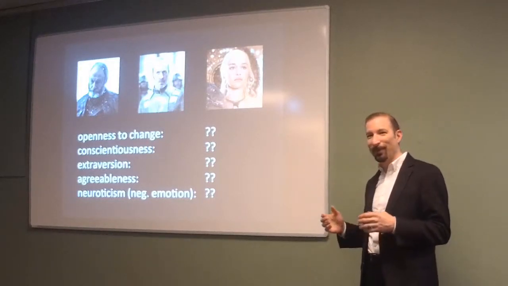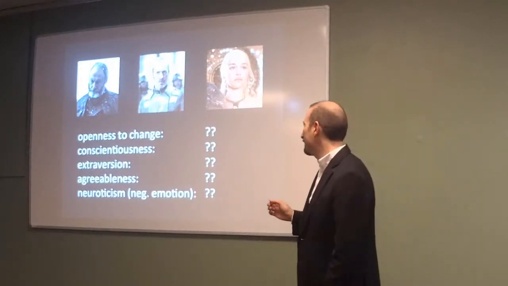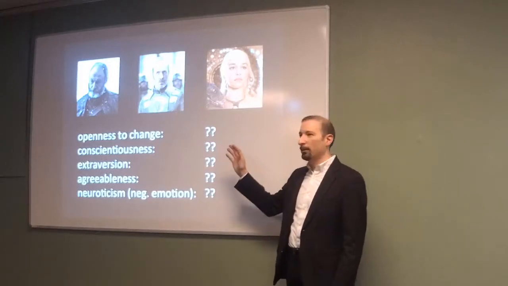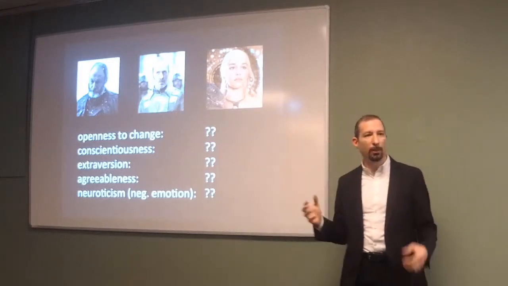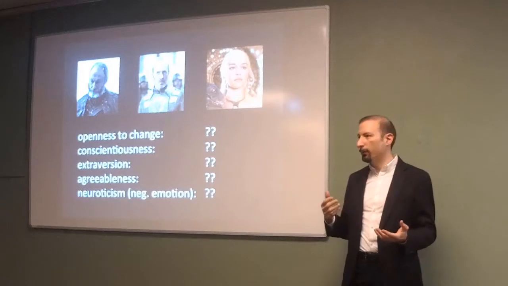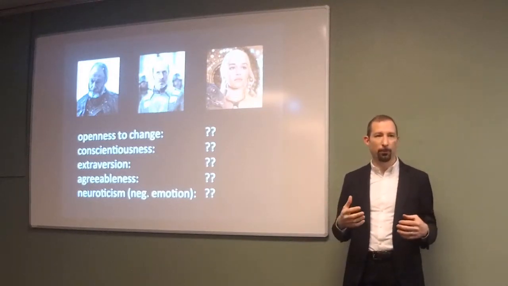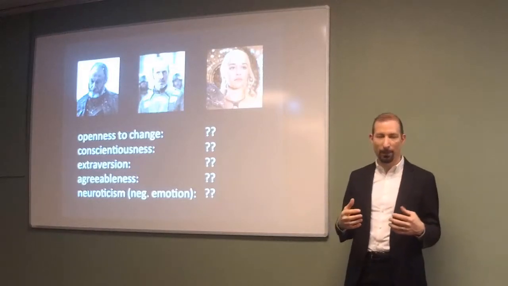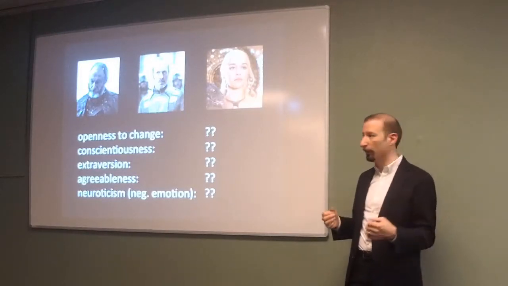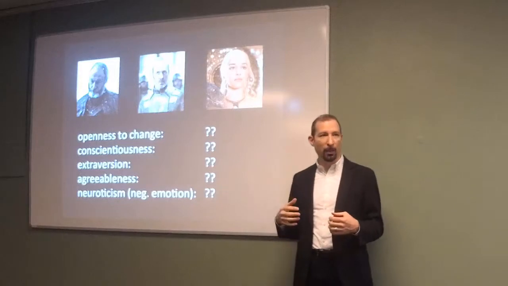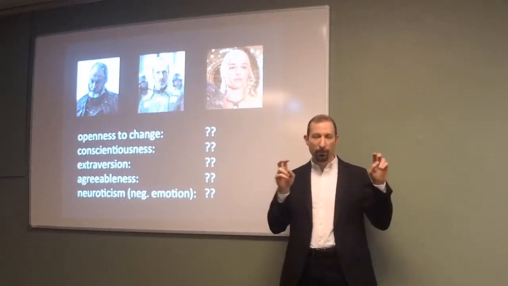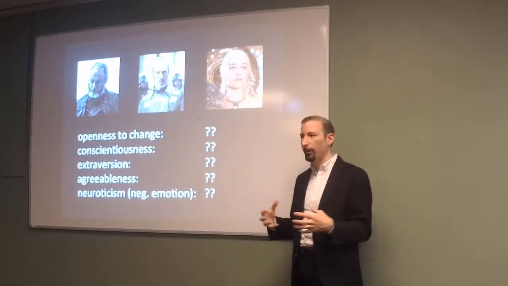Let's think a little bit about how these would go. So openness to change would be their level of adventurousness, right? This would be how they thrive in different environments, whether they like different foods, different places. They're big travelers. They're just more adventurous in their outlook. Low openness to change would be, they're more conservative in the sense that they're homebodies. They don't really like to experience much that's different.